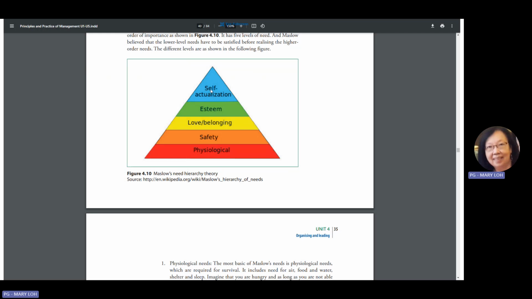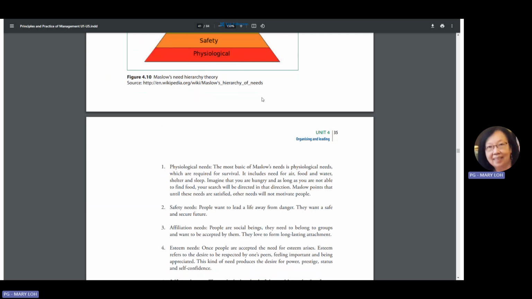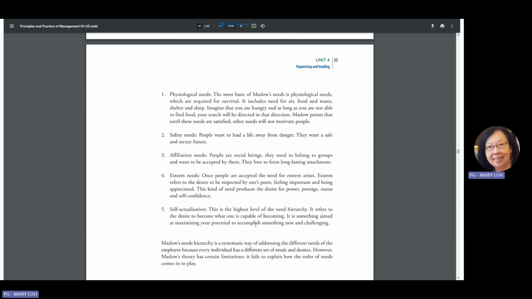They are concerned about this. They want to prove to themselves, more to themselves than to others. It's for their own personal satisfaction. That's why it's called self-actualization. They believe they are capable of doing it. They want to maximize their potential. And also they want to feel good about themselves and that they are able to achieve something new and challenging.